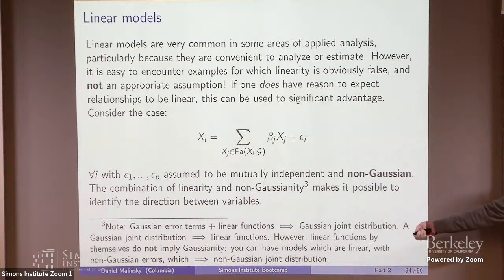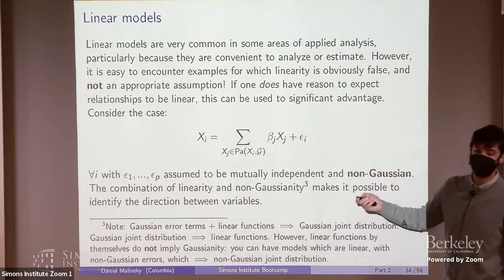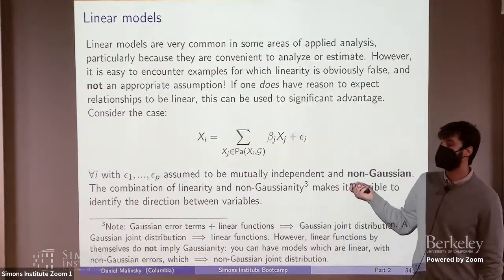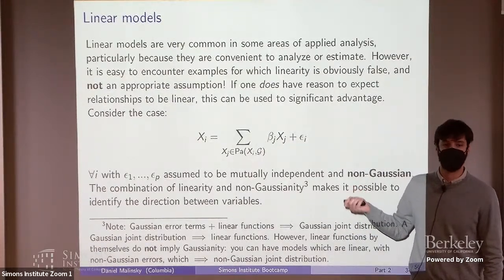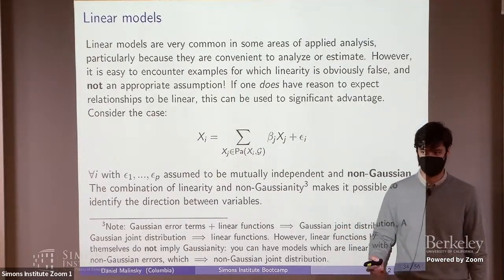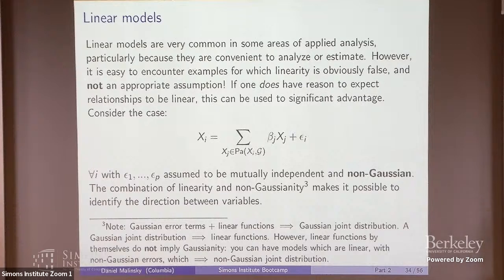As a long footnote here, outside of causal discovery it's not very common to think about linear structural equations with non-Gaussian errors. Obviously, Gaussian errors are very common in a lot of areas of statistics and econometrics. But linearity and non-Gaussianity of the errors can coexist, and this will induce non-Gaussianity on the joint distribution over the x's.